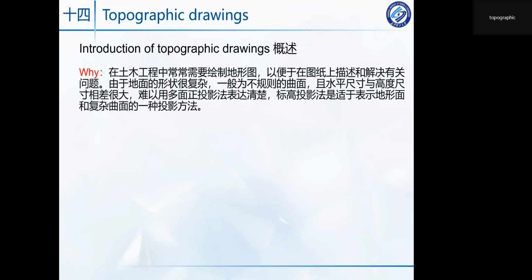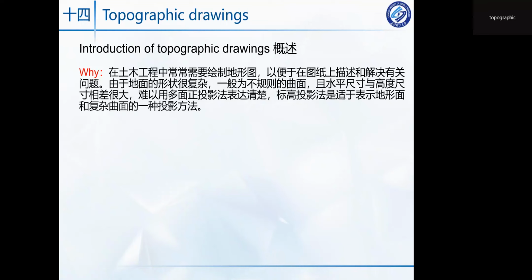For example, a valley, or a river, or a cliff. I think it's very hard for us to draw the front view of a mountain and a left view of a mountain, because it's very complex.